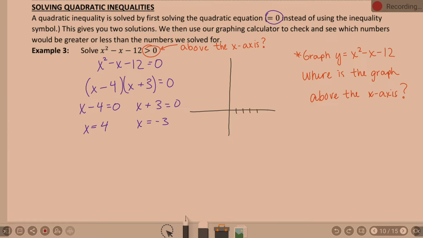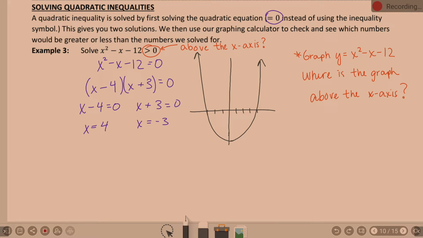I can't see the bottom, but we know what that parabola is doing. It's an opening up parabola, a right side up parabola. I can pretty well guess that it's going to look something like that.